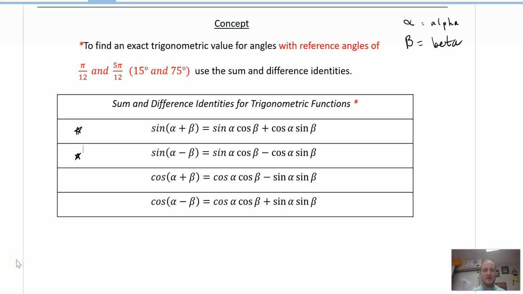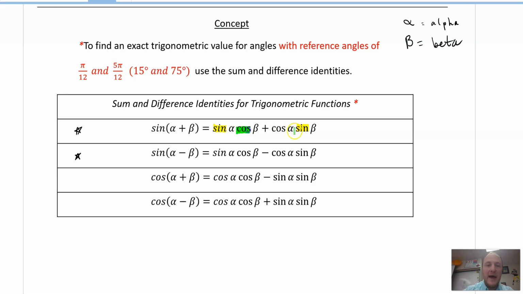All right, hopefully you paused and thought about some patterns to help you memorize this. On the test, you will have the sum and difference identities given to you as of right now. But pattern-wise, what I hope you notice is that for sine, it's always sine times cosine plus cosine times sine.